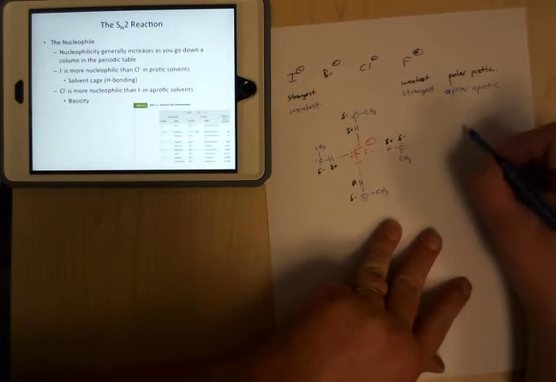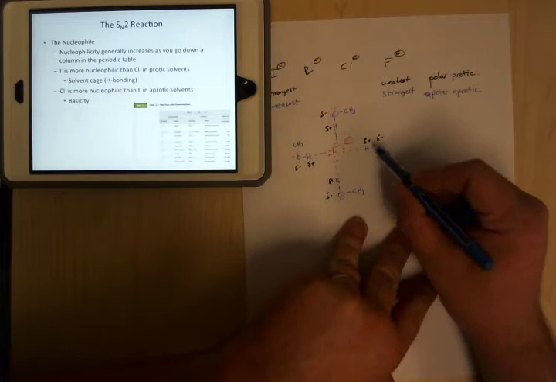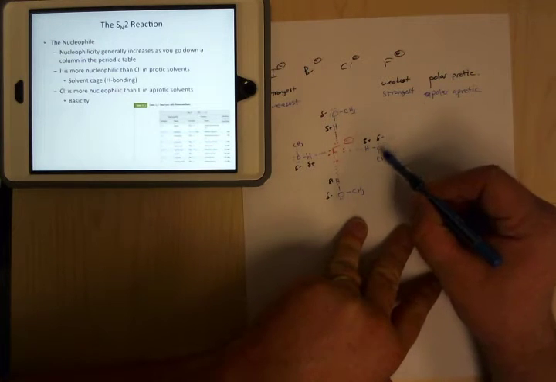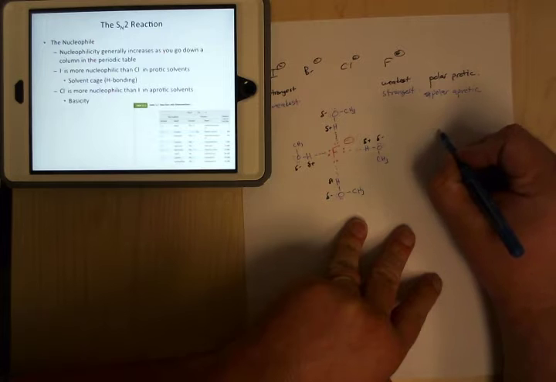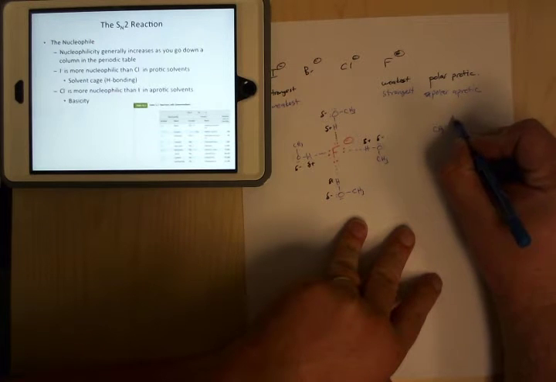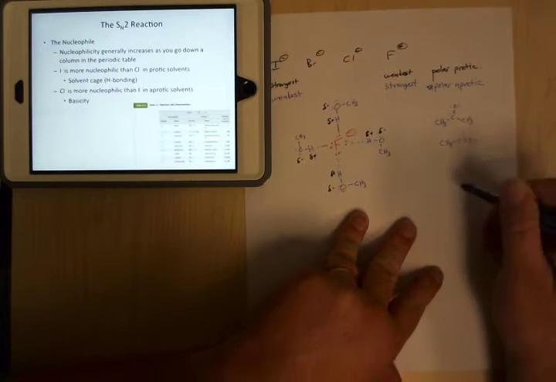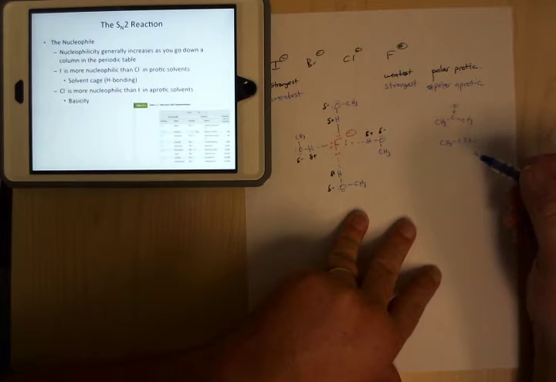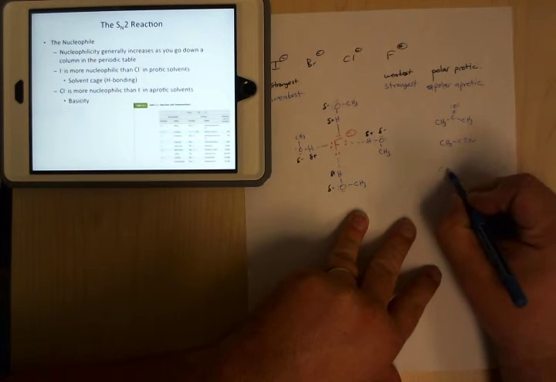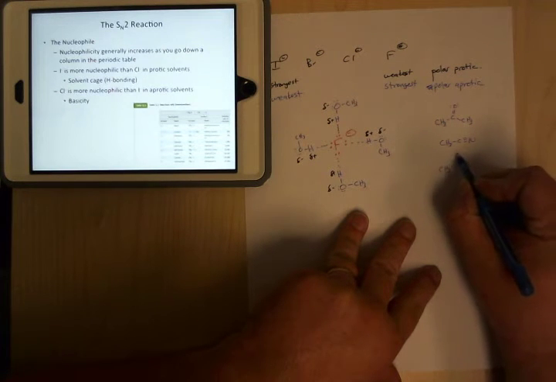An aprotic solvent would be something that doesn't have a hydrogen hanging off of something electronegative. These would be things like acetone, acetonitrile, and DMSO, which is dimethyl sulfoxide.